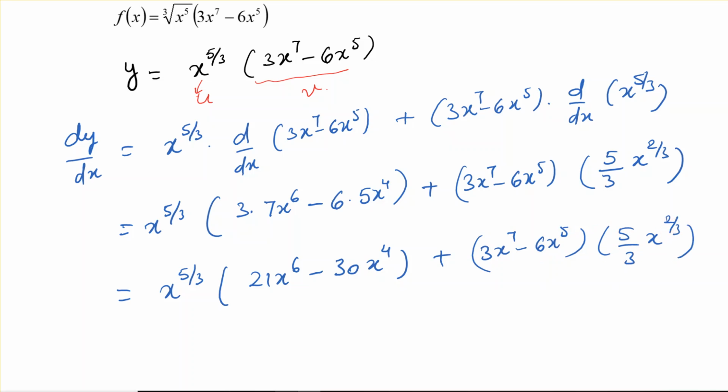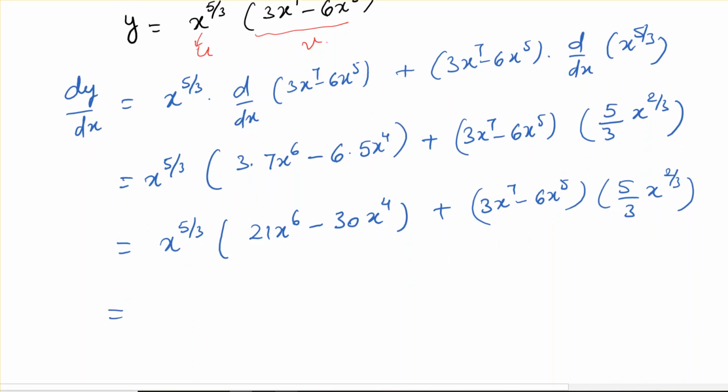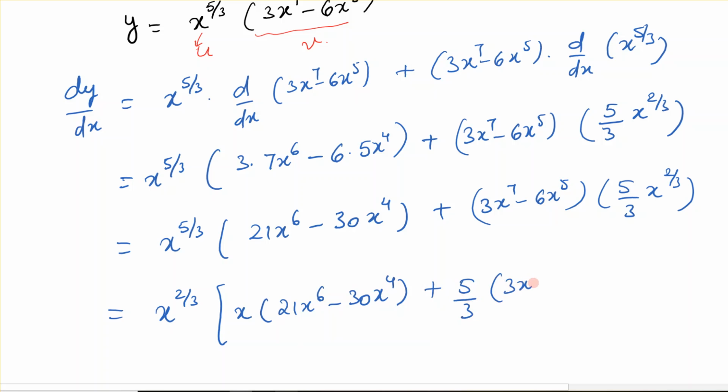If you want to simplify it further, you can take the common factors out. In this case, x raised to power 2/3 is a common factor. Here we're going to be left with x times (21x^6 minus 30x^4), and here we are left with 5/3 times (3x^7 minus 6x^5).